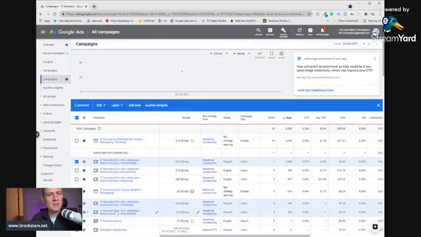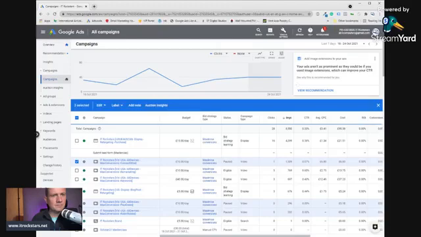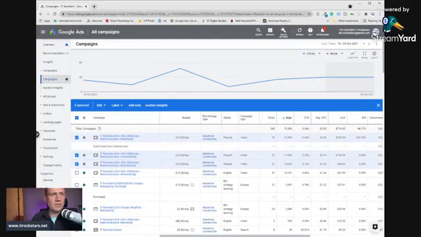So we were running these campaigns for just over a week. And you can see if I total up the amount of money spent on these, let me do it for the past 7 days. Now it's not a fortune, okay? It's not a massive amount of money.